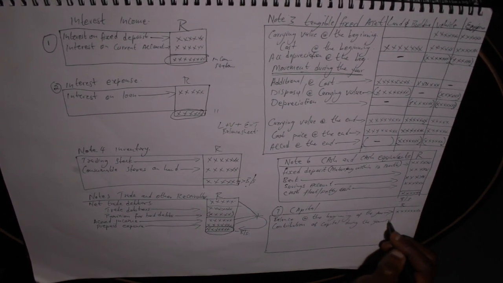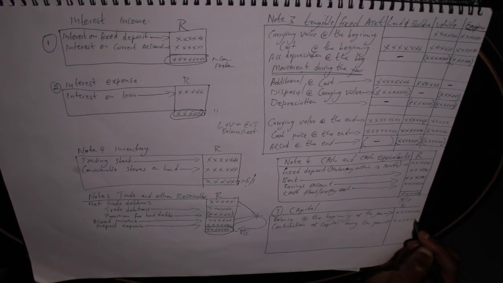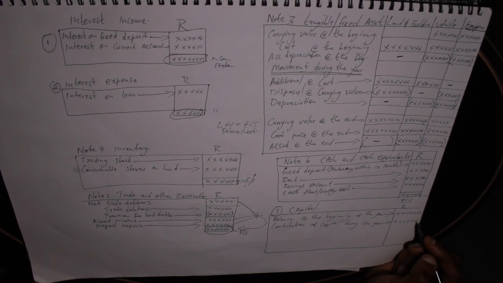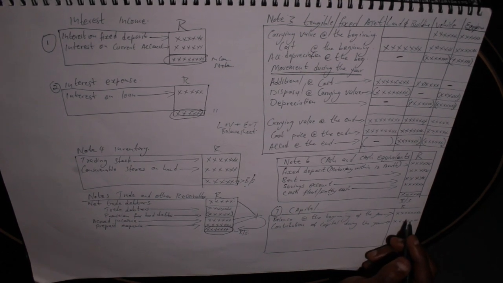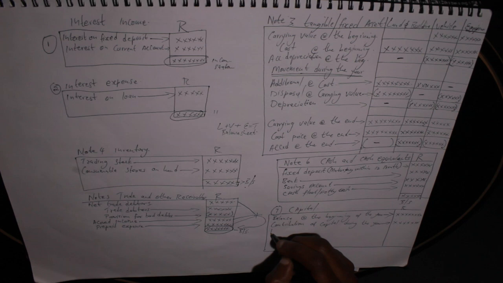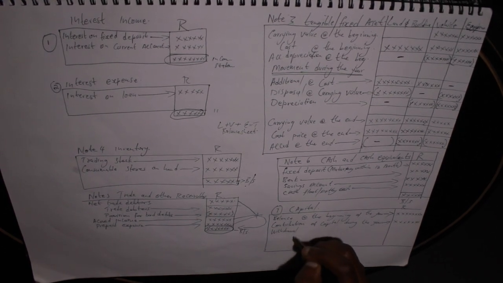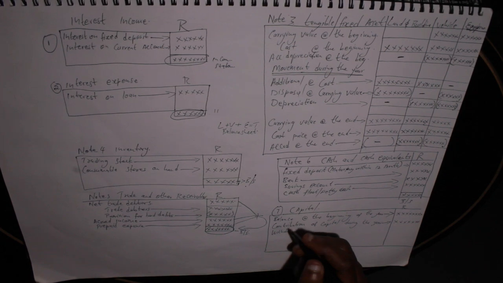The amount that they contribute, you're going to show in the column for the amount. Another thing that can happen during the year is that we can have withdrawal of capital.